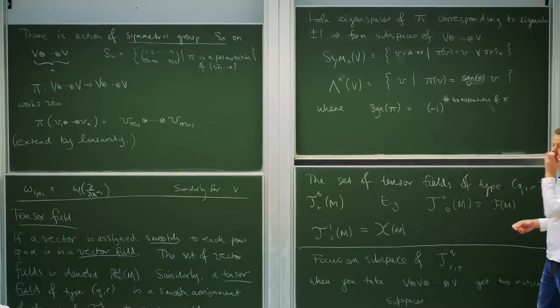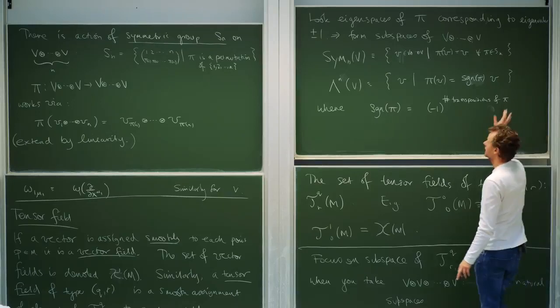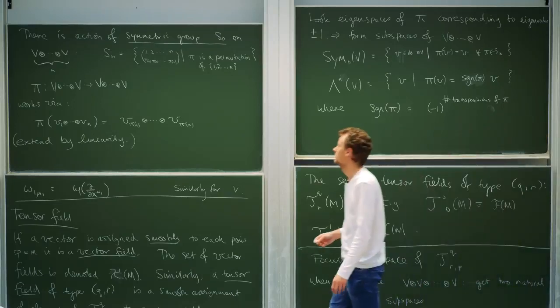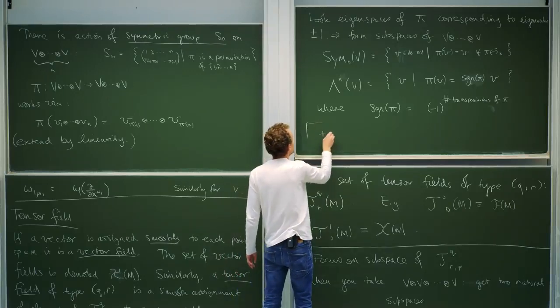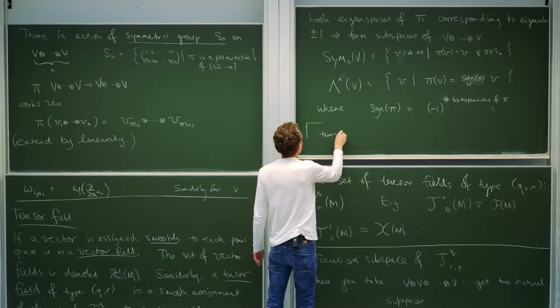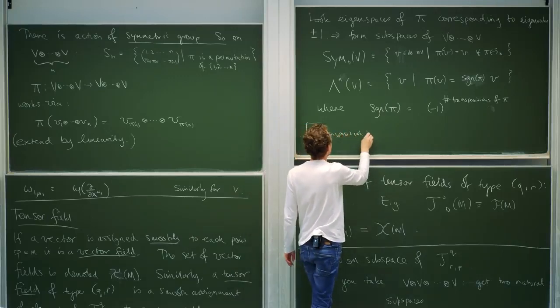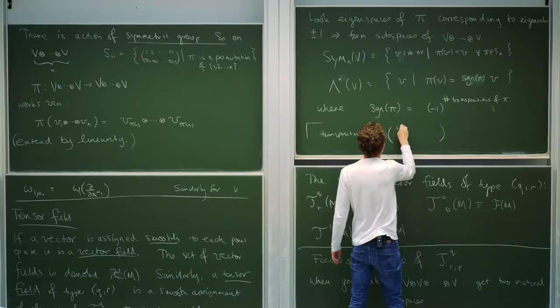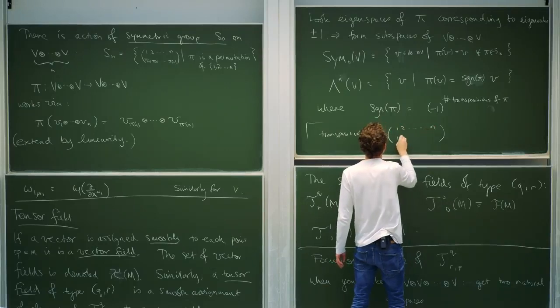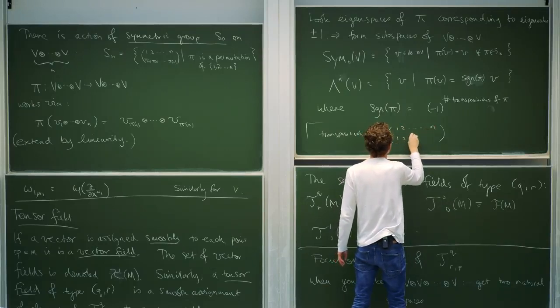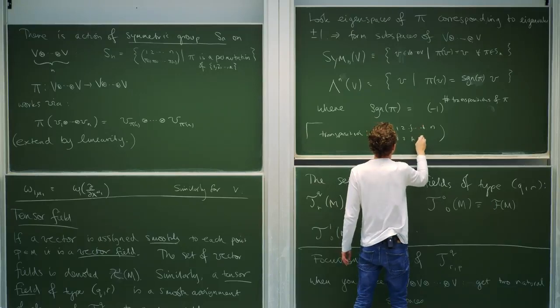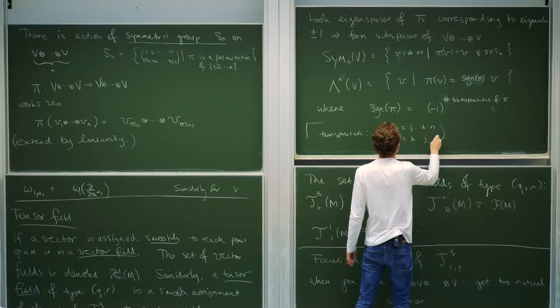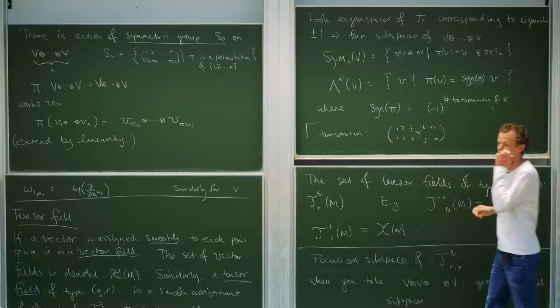It just counts the number of transpositions that you need to write a permutation pi. So a transposition is a swap of just two elements. So that's a transposition there.